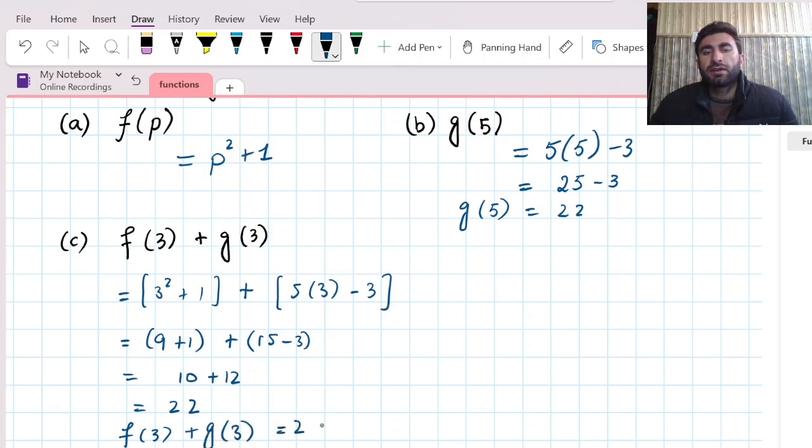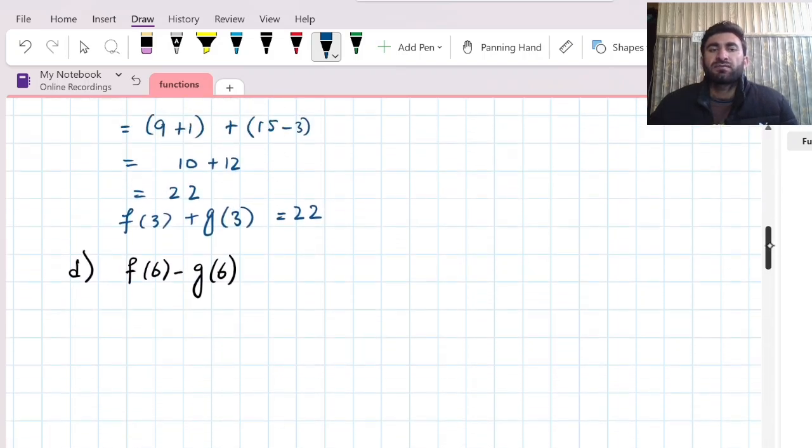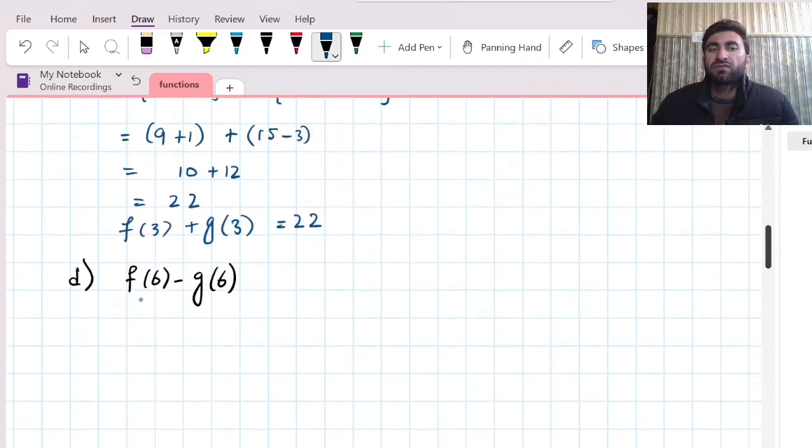It equals 22. We have another part of the same question. It's f of 6 minus g of 6. So what will be the f of 6? It will become the square of 6 plus 1. Then place negative, and g of 6 will be 5 times 6 minus 3.